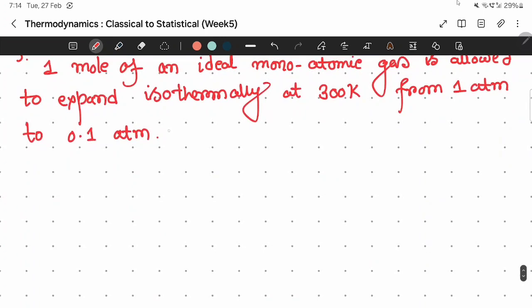First one is reversibly and second time it's irreversibly. So now they have asked to find out del G. So del G for processes.